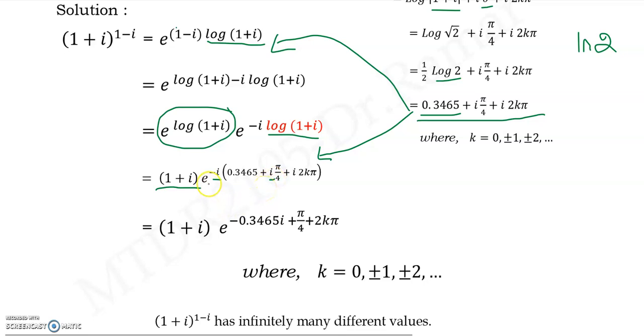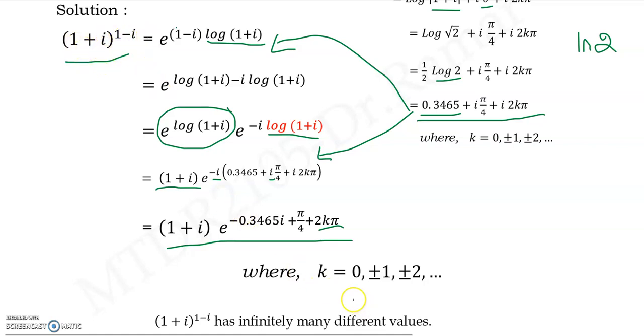So here I write pi over 4. Then minus i into i is minus i squared, that is plus 1, again with 2k pi. For minus i multiplied with i you get plus 1, so there is no i here. So this is the value of the given expression (1 plus i) to the power (1 minus i).